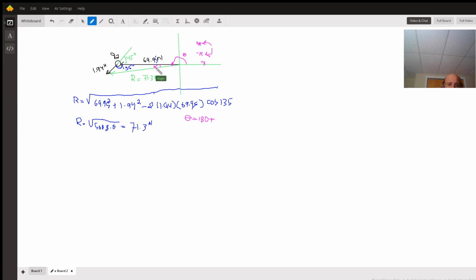This angle alpha is found by the sine law, which basically says that the force of one leg divided by the sine of its opposite angle is equal to the force of the other leg divided by the sine of its opposite angle. Therefore, we can write R over sine 135 is equal to 1.94 over sine alpha.